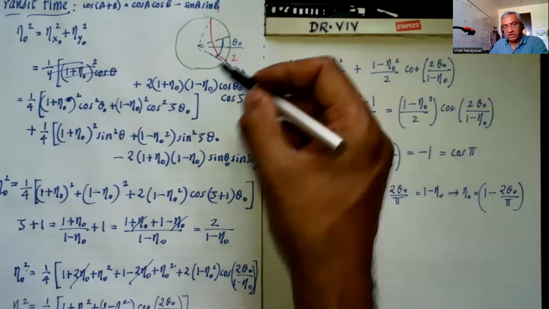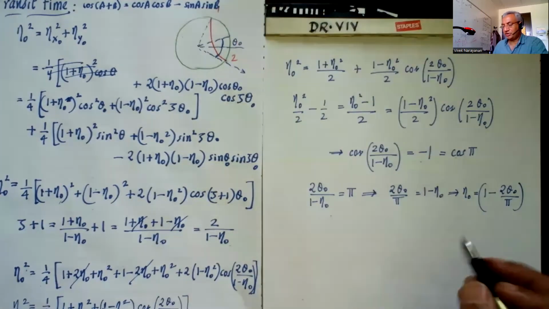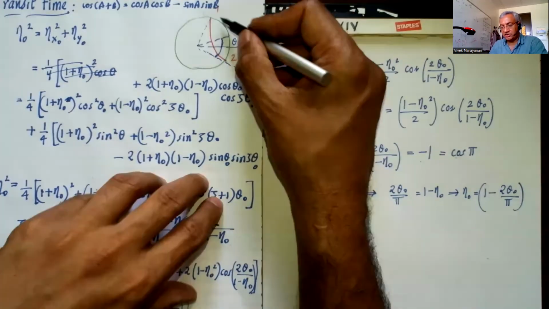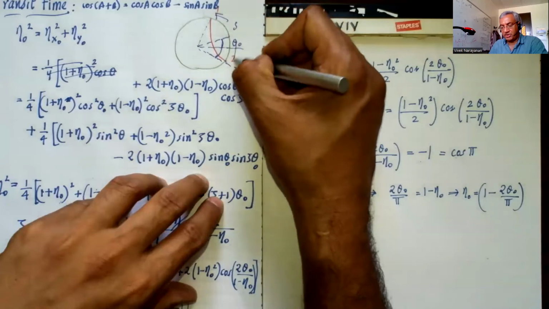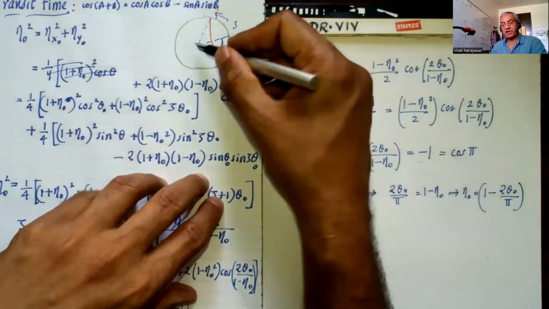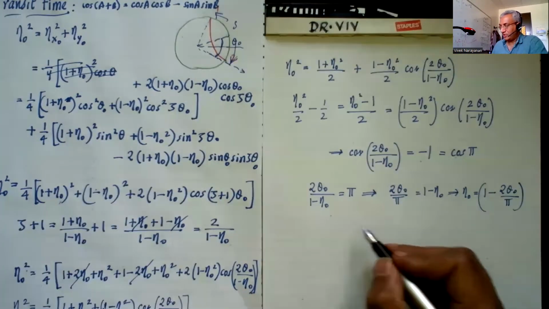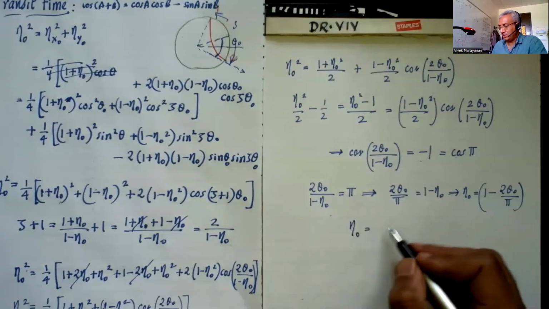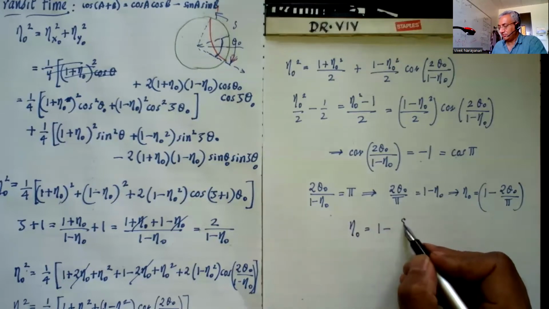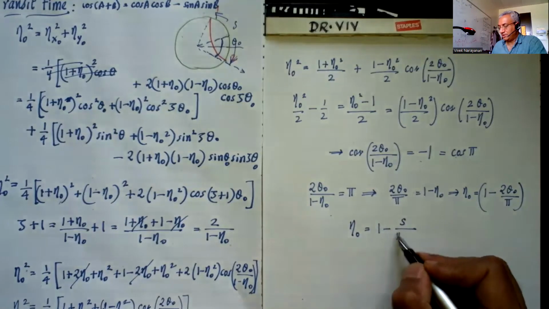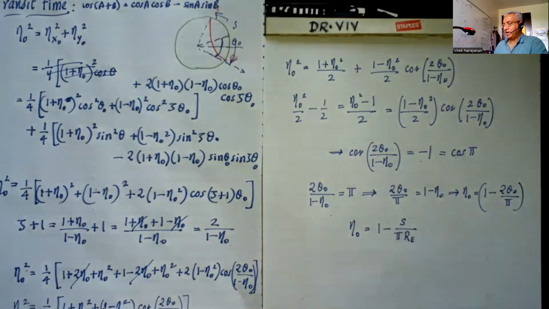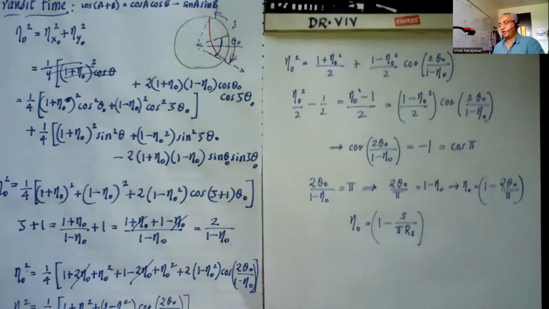So 2 theta naught, which is the complete angular distance, is just going to be the arc length S between New York City and Los Angeles divided by the radius. So this tells me that eta naught must be equal to 1 minus the arc length S over pi times r sub e. Now it's just a question of looking things up on Wikipedia.